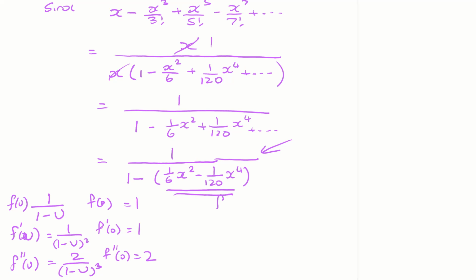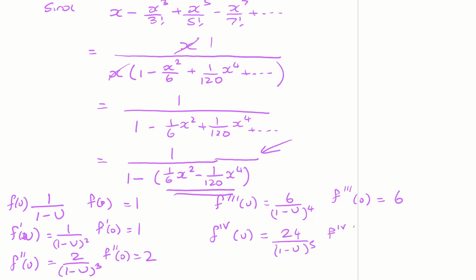And then f triple dashed u is going to be 6 on 1 minus u to the 4. So f triple dashed 0 is equal to 6. And f4 of u ends up being 24 over 1 minus u to the 5.